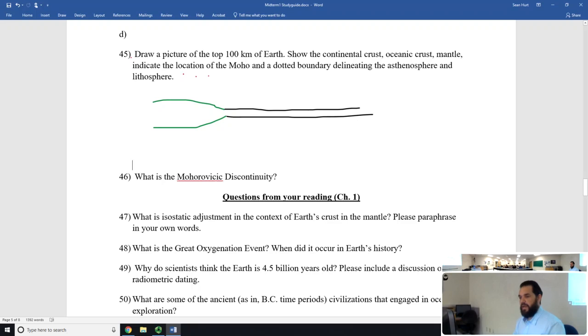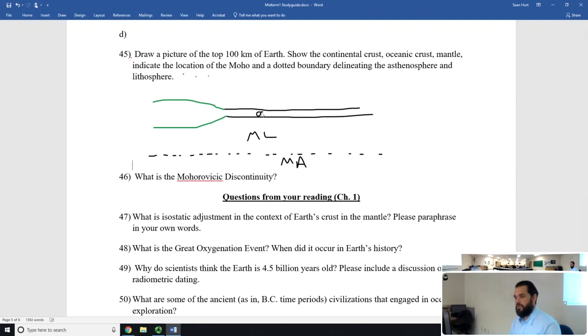And then below that, you have the mantle asthenosphere, mantle lithosphere boundary. So that's mantle lithosphere, this is mantle asthenosphere. Okay, this is ocean crust. This is continental crust. And then remember that the MOHO is just the boundary between crust and mantle.